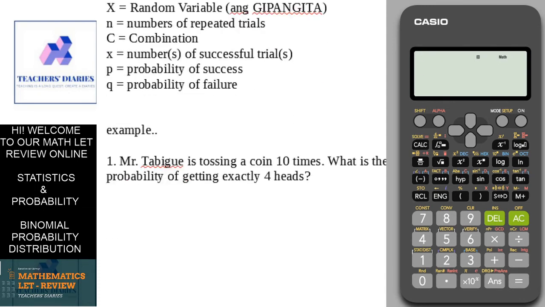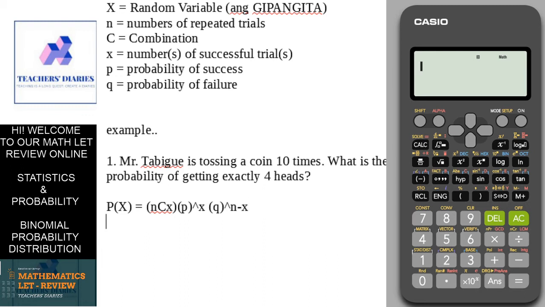Alright. So, first thing to do here, of course, we try to write the formula in order for us to have a clear setup on how to answer. Okay, so let's copy our formula. P of x equal to NCX here for the combination formula, and we get small letter p, the probability of success raised to the power of x times the probability of failure raised to the power of n minus x.